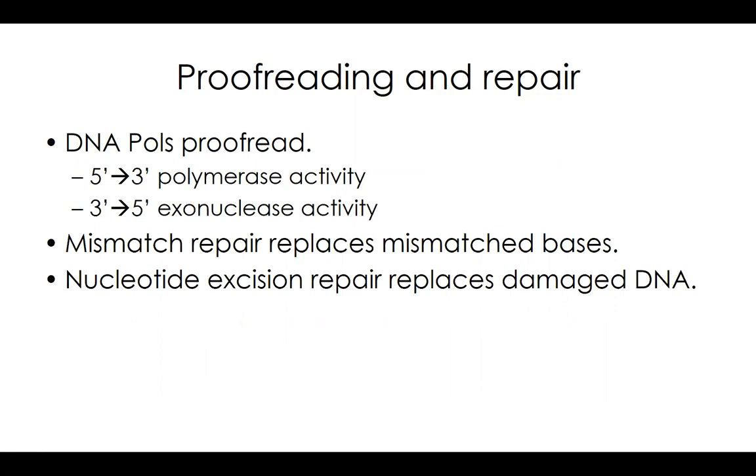Nucleotide excision repair is another type of repair that can replace other types of damaged DNA. We're talking about two different types of repair beyond DNA polymerase proofreading. There are actually several types of repair that repair different types of damage, and there's some overlap between them. It's an incredibly complicated thing, but this is just to give us an overview and example.